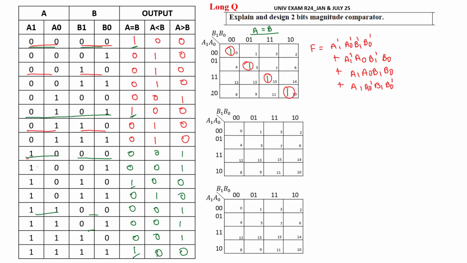So similarly, again, if you go for this another A greater than B or A smaller than B, so then you see. So here first we'll go for the A less than B. So when it is 1 here, when min term is 1, this one, okay.